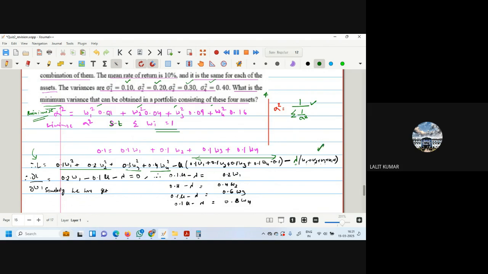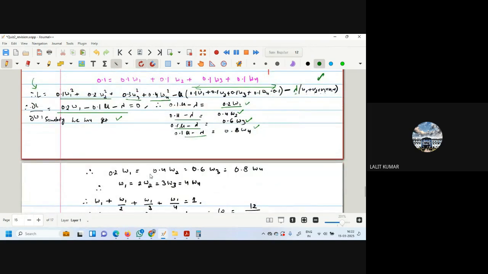Now you take its derivative with respect to W1, W2, W3, W4. When you do it for W1, you get 0.1 nu minus lambda equal to 0.2 W1. For W2 you get 0.4 W2, then 0.6 W3, then 0.8 W4. It means all these values are the same: 0.2 W1 equals 0.4 W2 equals 0.6 W3 equals 0.8 W4.